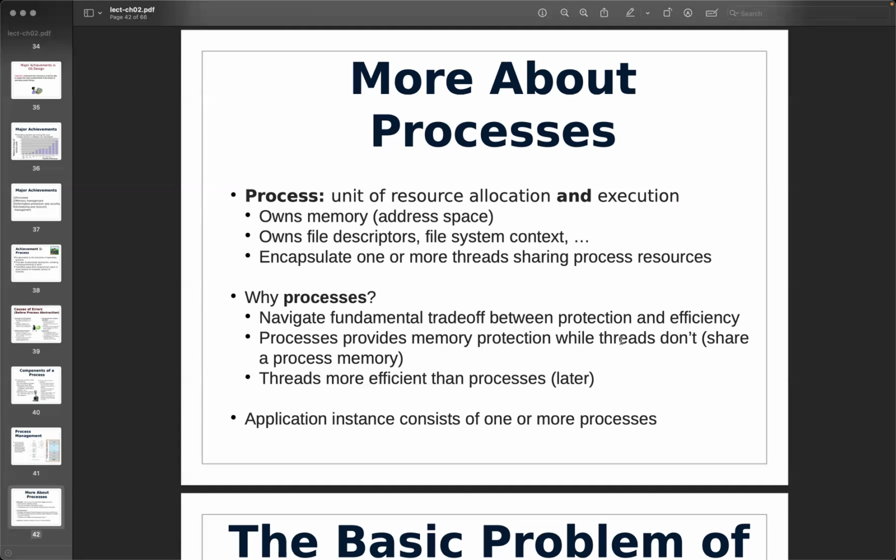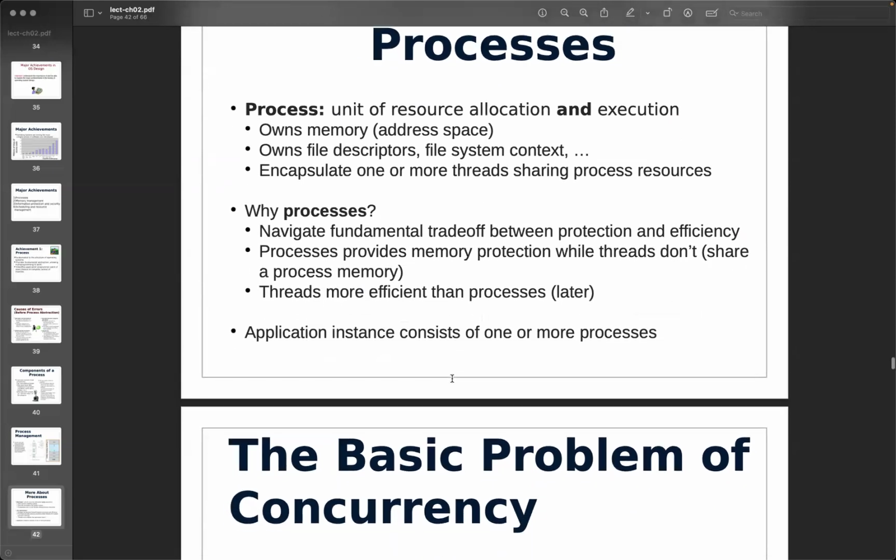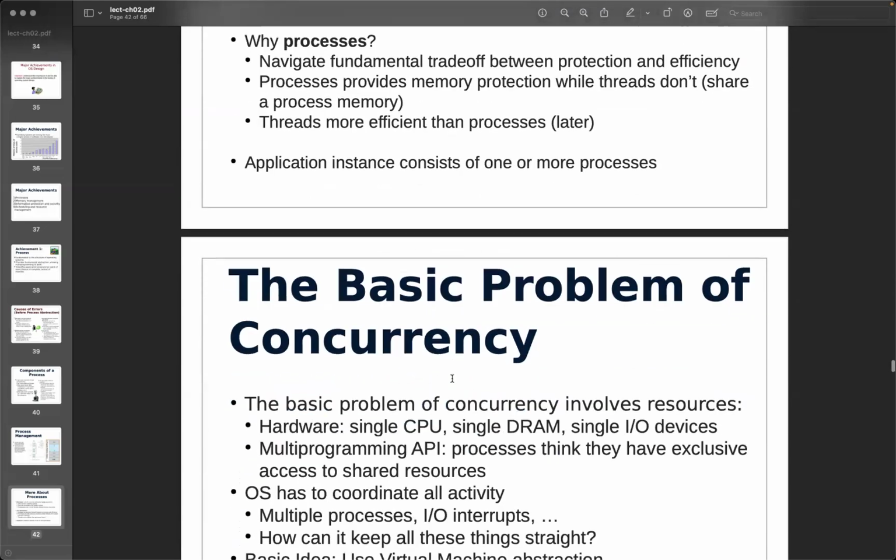Those are like actions, and they are more efficient than a process. The process is the preset and comes before the thread. An application instance consists of one or more processes, so the application will be broken down into different small processes.